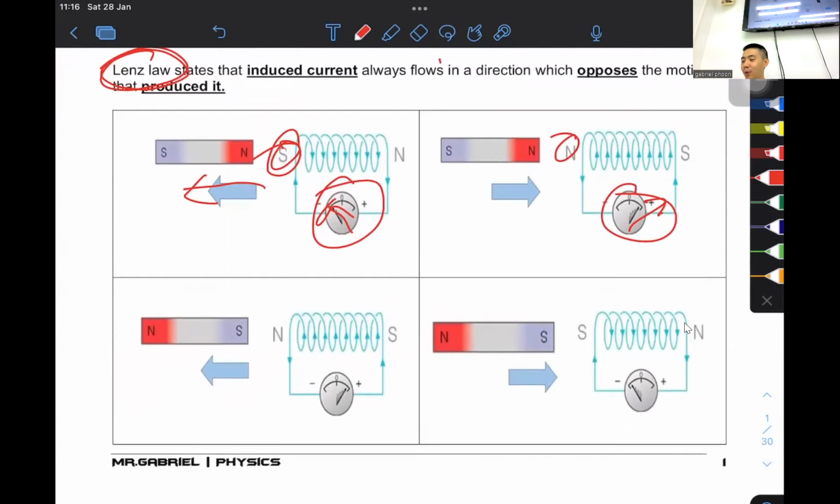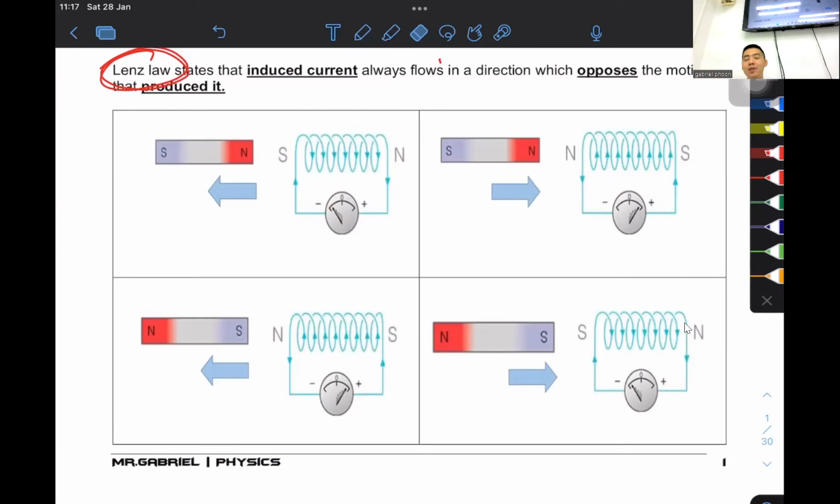Why, when we move in the opposite direction, what's going to change? Good. The direction of the current changes.